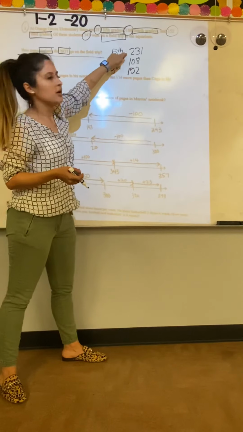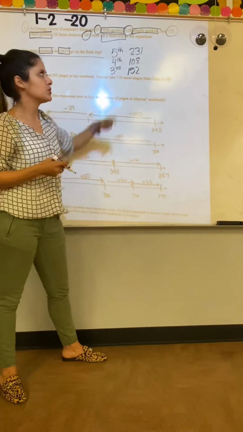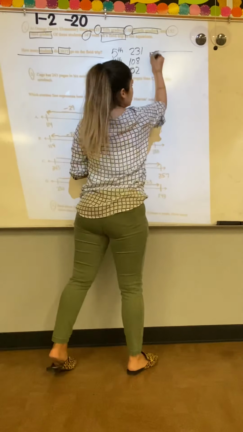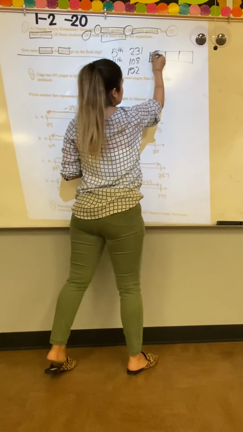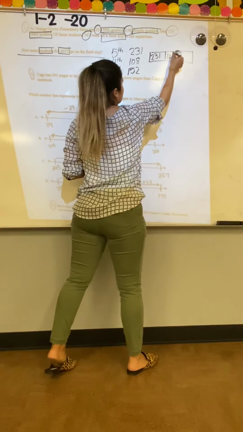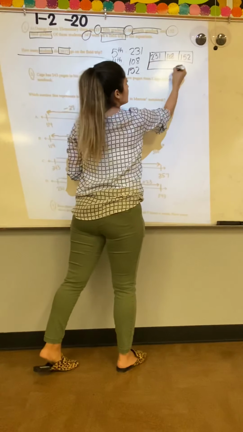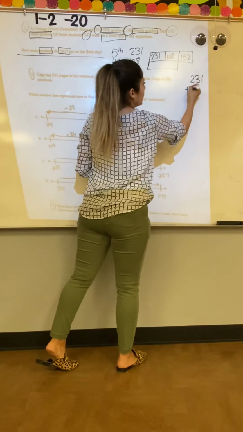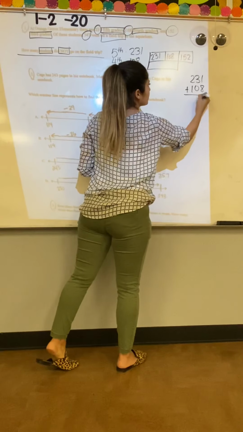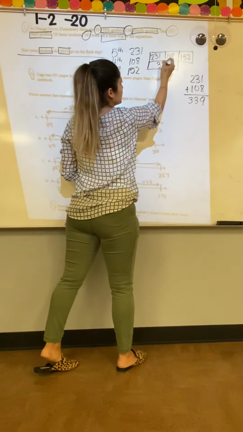So we have 3 numbers here. We don't know the total number of students. We're going to combine each of our parts. So in our strip diagram, we'll take 2 at a time. We know that 231 and 108 is 339.